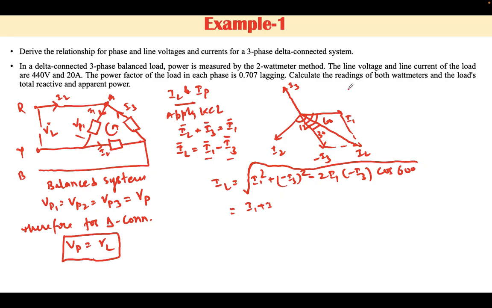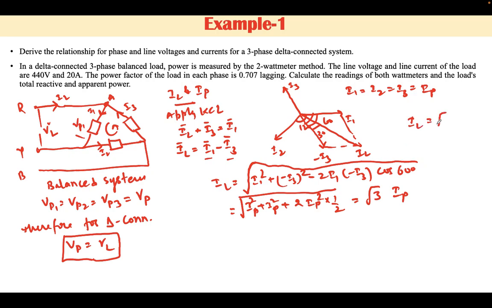This is a balanced system, so I1 is equal to I2 is equal to I3, let it be IP. So this will be IP square plus IP square minus 2 IP square into 1 by 2, under root, and hence this is equal to root 3 IP. And the relationship is IL is equal to root 3 of IP in case of delta connection.